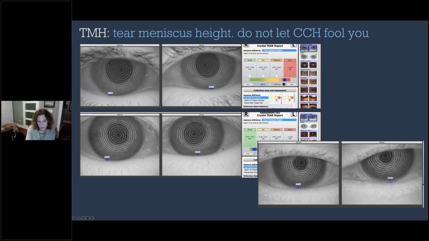So I don't tend to do the 3 measurements and average them. I really look at that and try to find the detail and make sure that I'm measuring just volume, just tear meniscus height and not chalasis. Now down here, this person has epiphora, so we've got an over tearing situation, which is also abnormal.